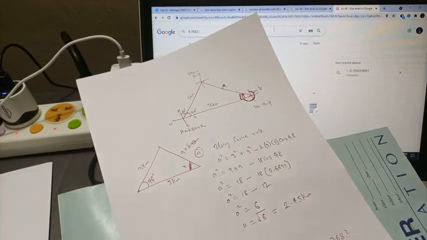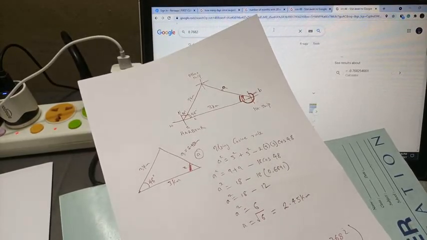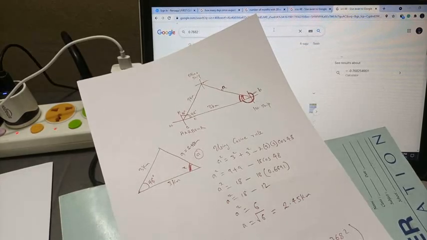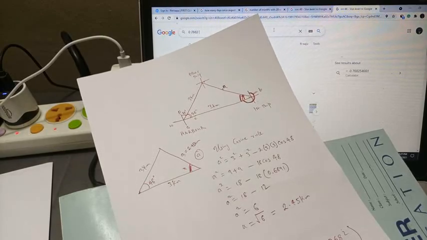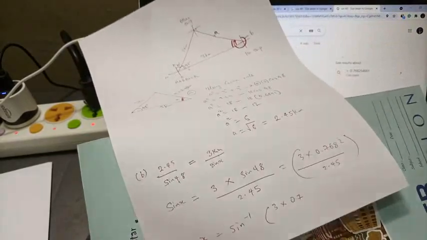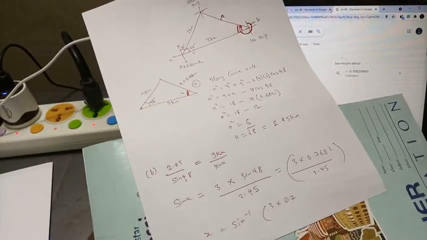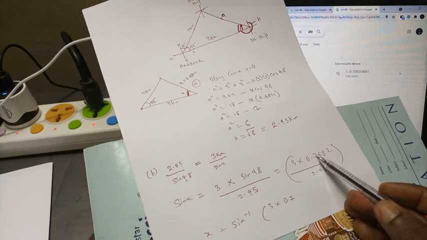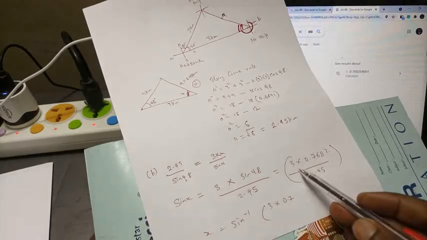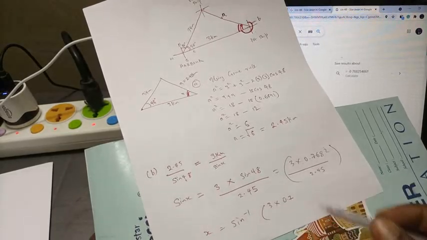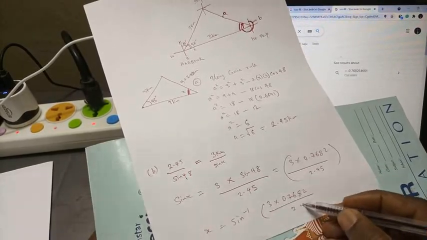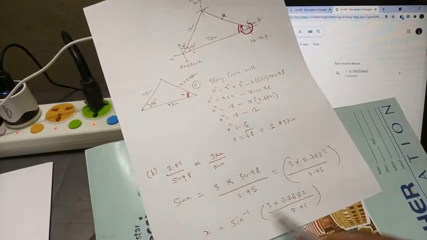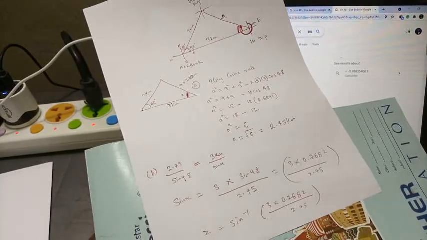So to get S, you now find sine arc of that. Uh-oh, I'm not seeing my screen. I'm typing what I'm writing. Okay, so I just inputted sine 48 and this is it.